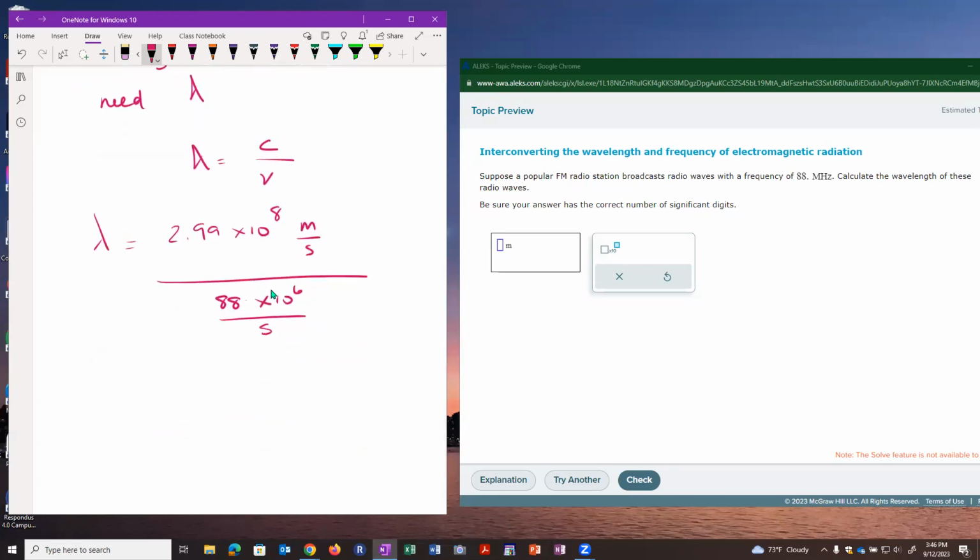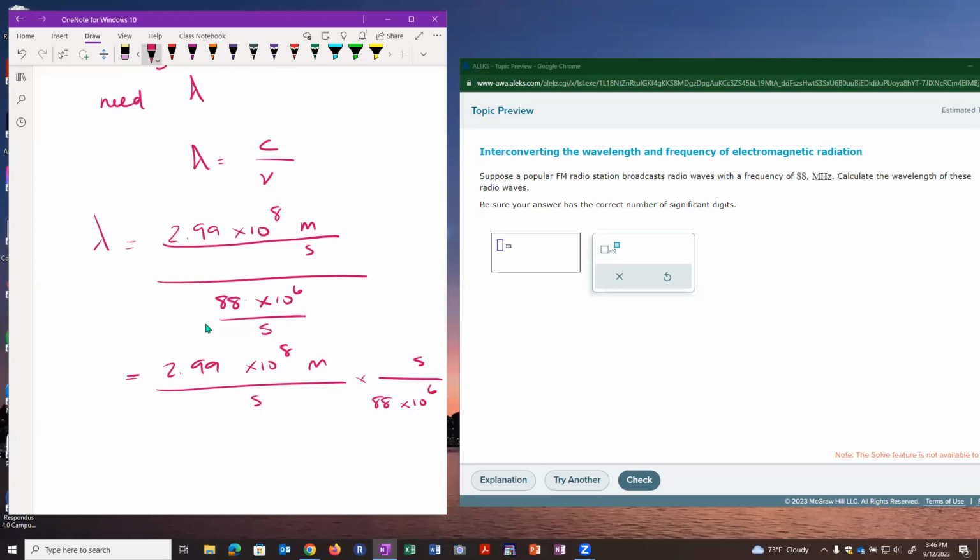So if you think about it, this is the same as saying 2.99 times 10 to the 8 meters over second divided by 88 times 10 to the 6 over seconds. If I simplify that, I have 2.99 times 10 to the 8 meters over second. I divide by this, that's the same as multiplying by the inverse of that, seconds over 88 times 10 to the 6.